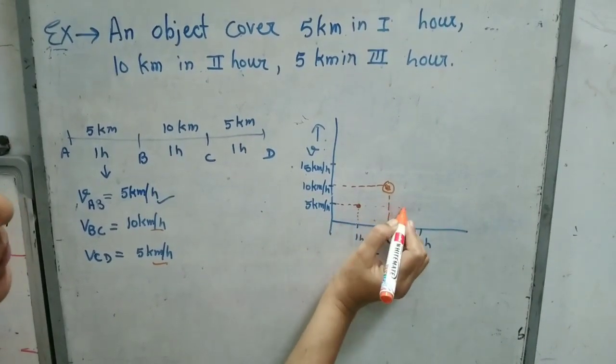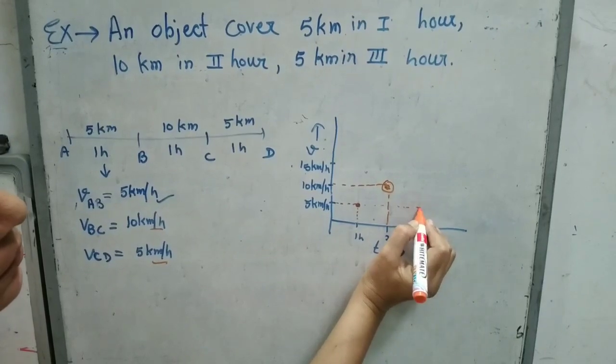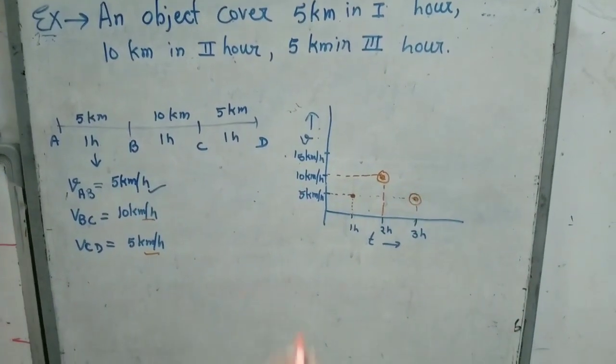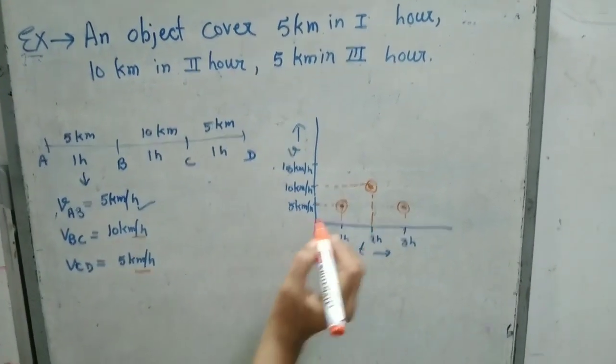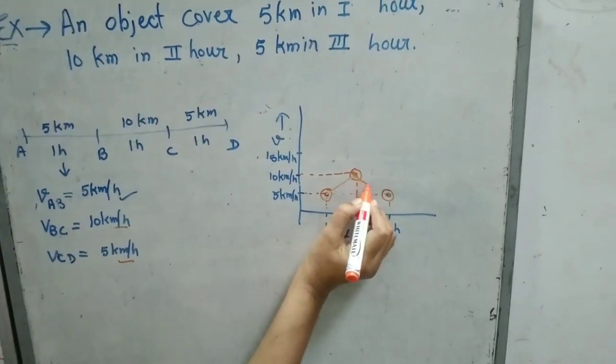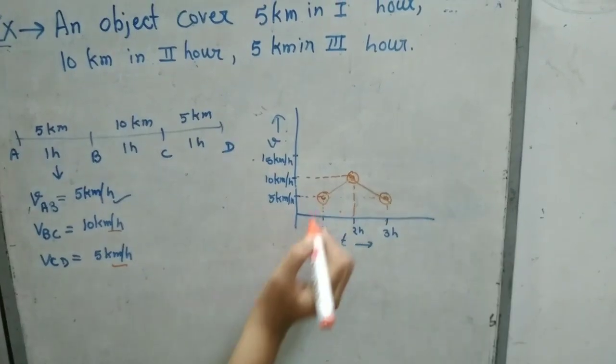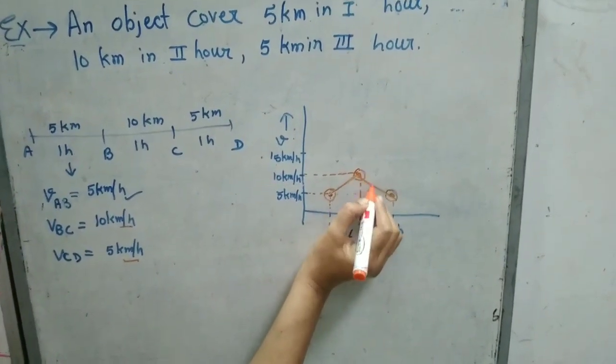So again, now if we want to join these 3 points, can we make the line from this? No, we can join like that. Okay. So what we can conclude?